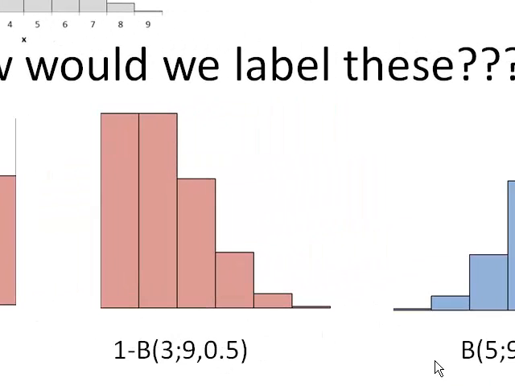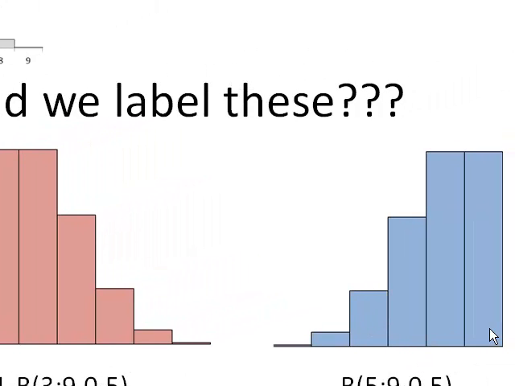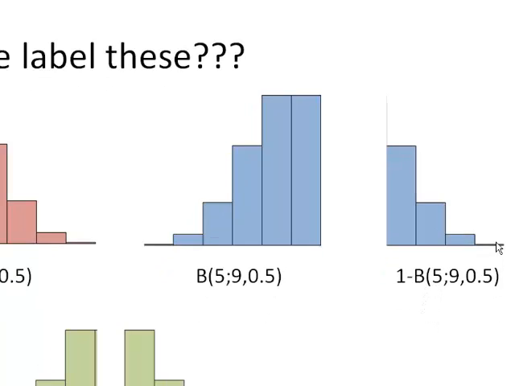Now we can keep doing that with different values. This is big B5, so x is equal to 0, 1, 2, 3, 4, 5, and that's the bottom half. If we were interested in finding the top half, it would be 1 minus big B5, and we would have 6, 7, 8, and 9.